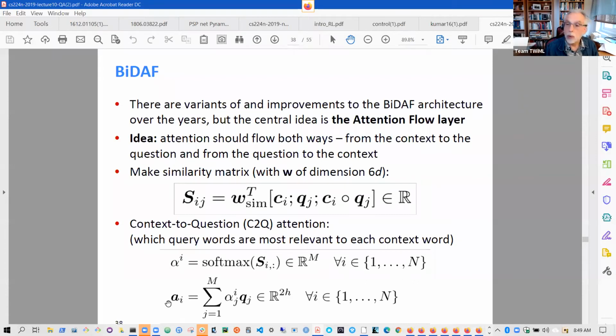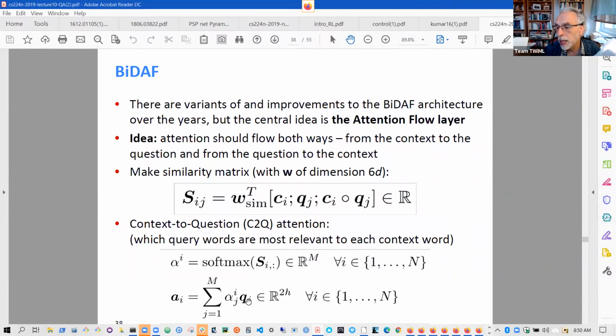So what do you do? You take each query word. Alpha j would be the component of this vector that corresponds to that query word. Then you take the alpha ij, the scalar piece of this thing, which is basically the probability relationship of the jth query word to the ith context word.